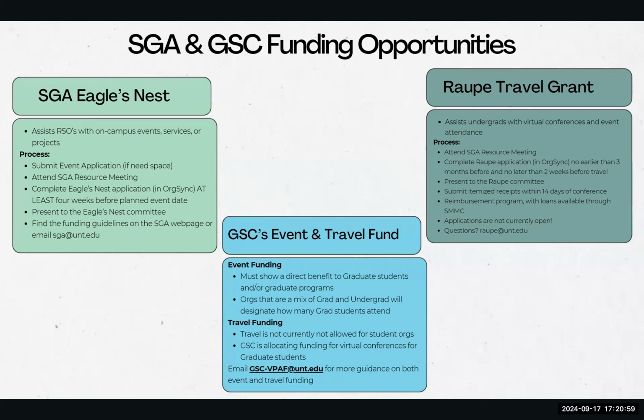So orgs that are a mix of grad and undergrad will designate how many grad students will attend. And again, travel funding is not currently allowed for student orgs, but the GSC is allocating funding for virtual conferences for graduate students. If you have more questions about that, you can reach out to the email below.